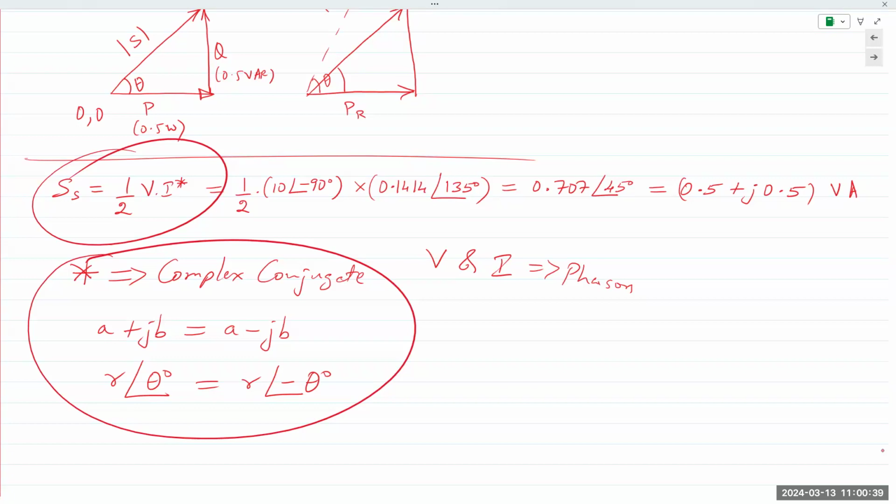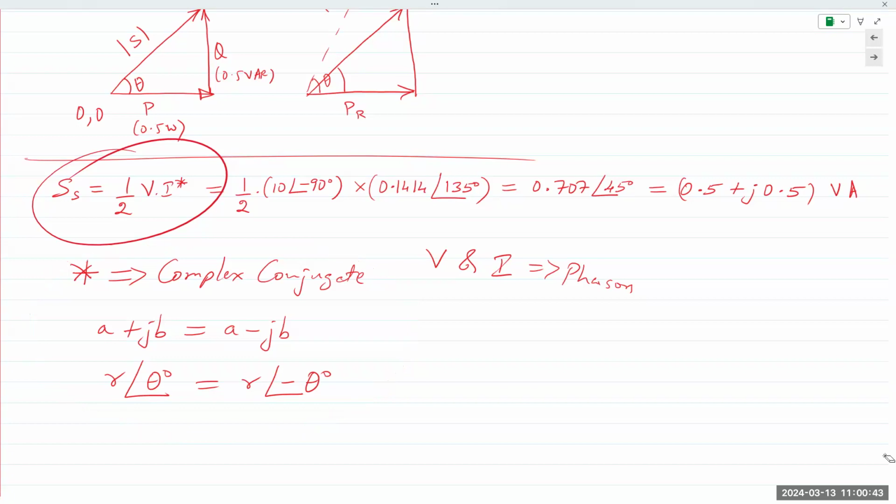You're simply flipping on the x-axis. That's what I've listed here: A plus jB becomes A minus jB and vice versa, and R with a phase angle of theta is R with a phase angle of minus theta.